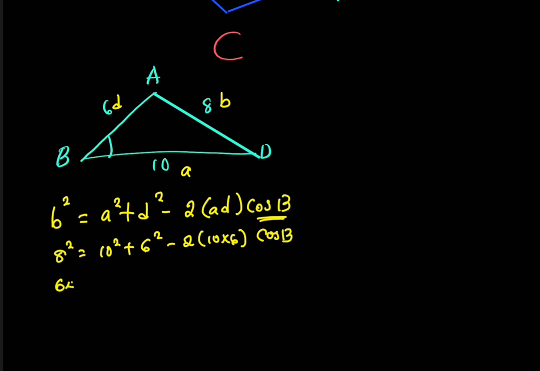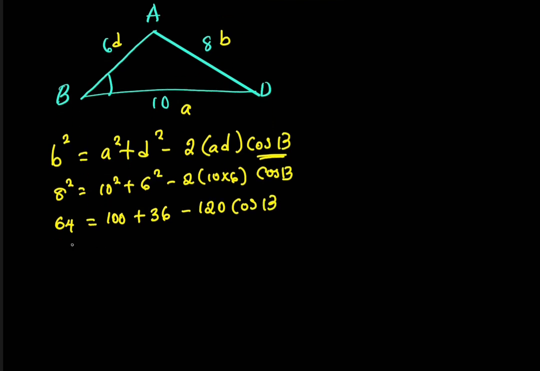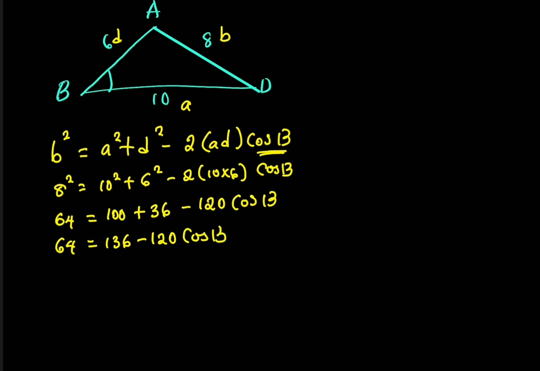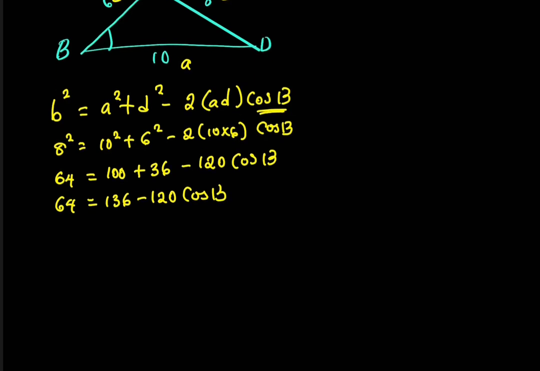So 64 equals 100 plus 36 minus 120 cos b.